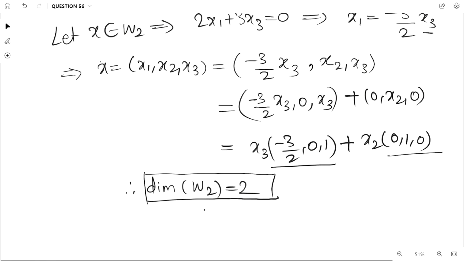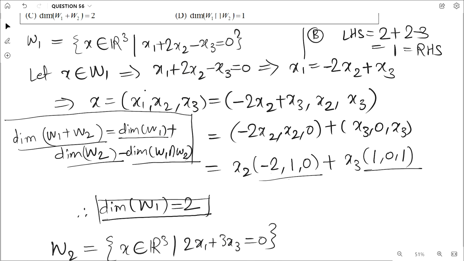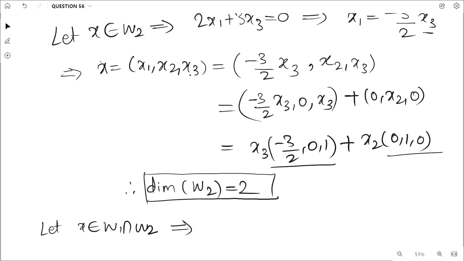For that, let x belong to W1 intersection W2. So x belonging to W1 means we have the condition x1 plus 2x2 minus x3 is equal to 0. And x belonging to W2 means twice x1 plus 3x3 is equal to 0.